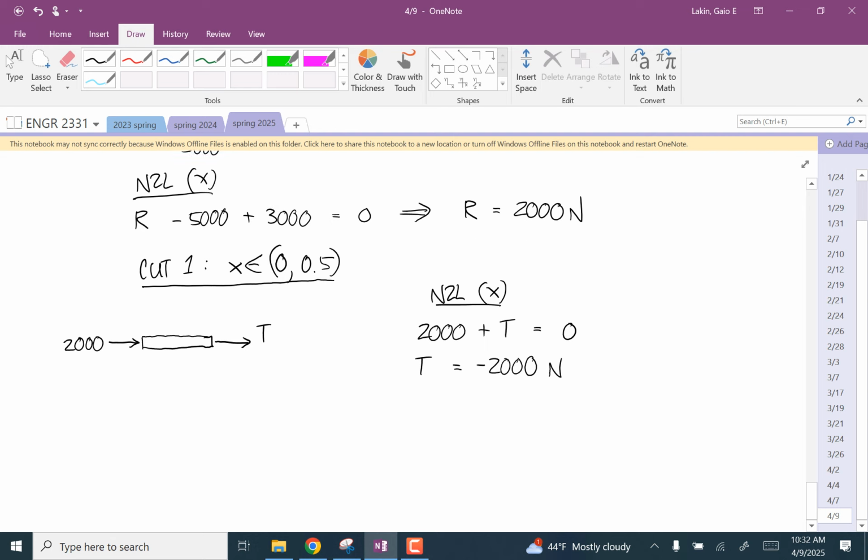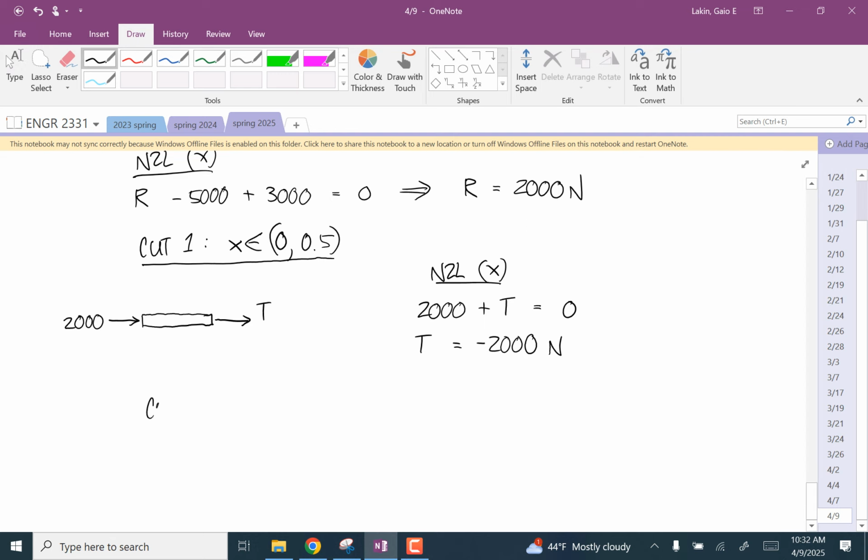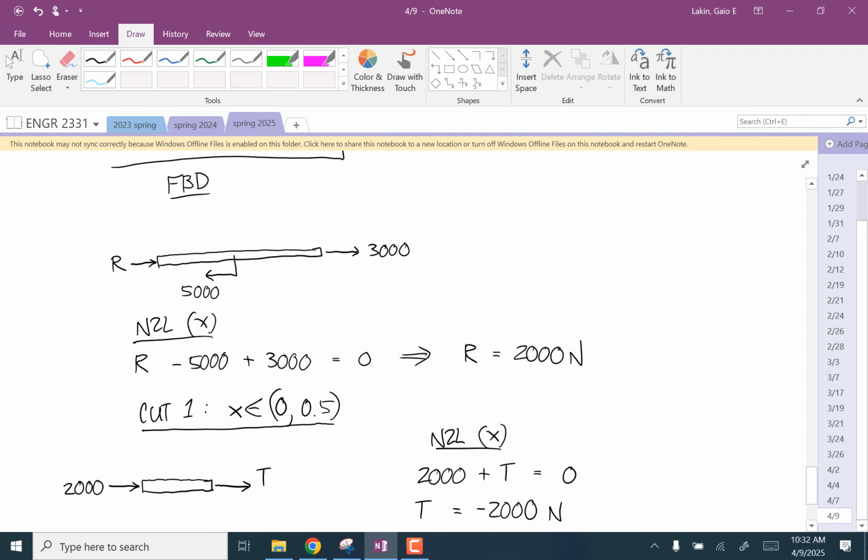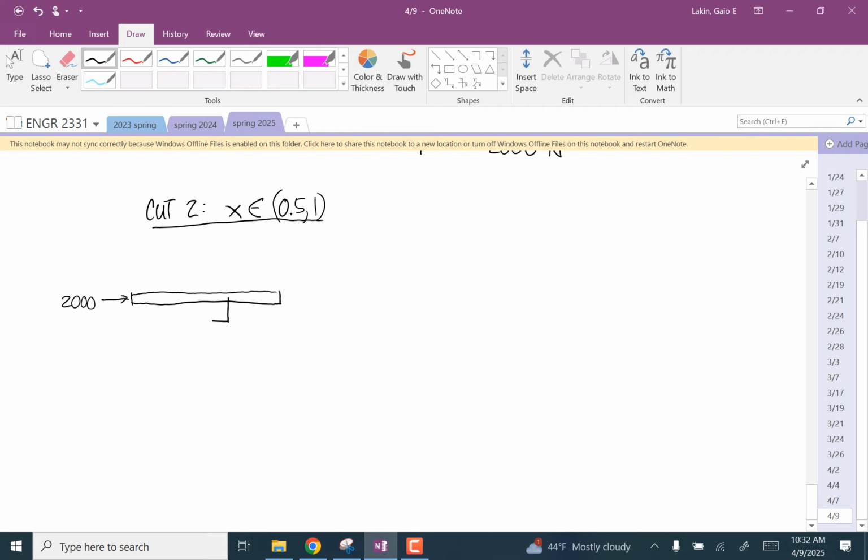And then for cut 2, for x's between 0.5 and 1, we have the 2,000. We have the 5,000 going this way.